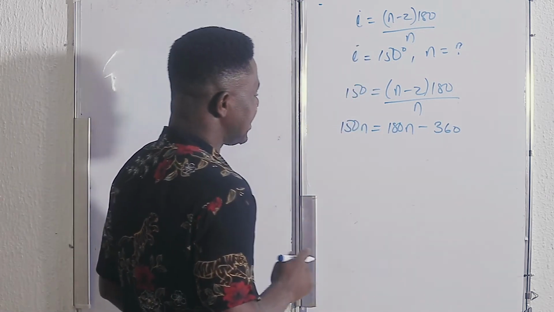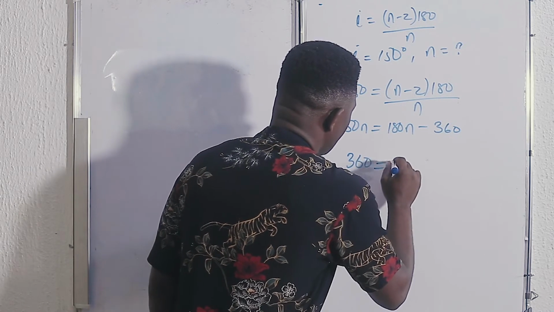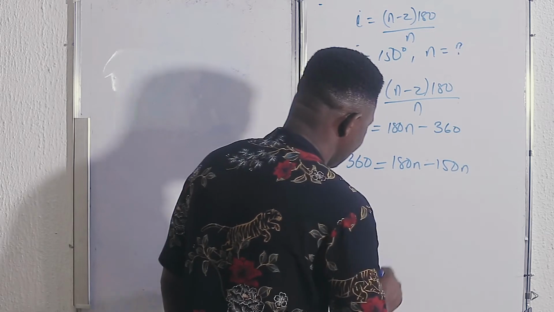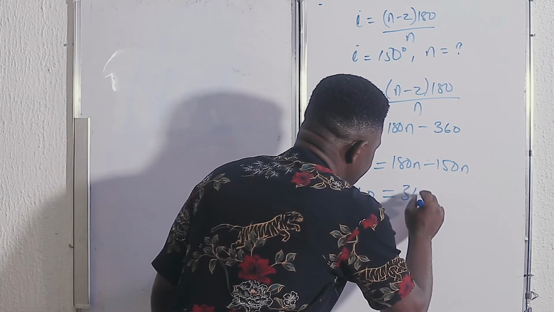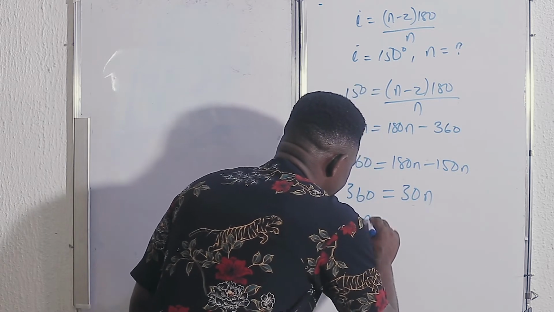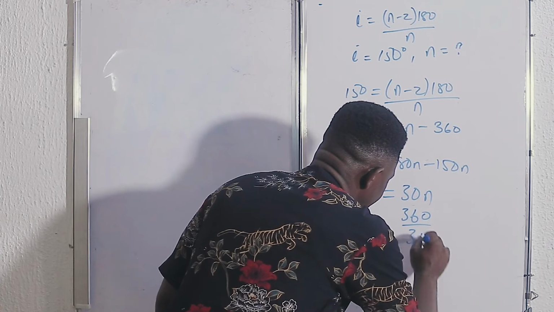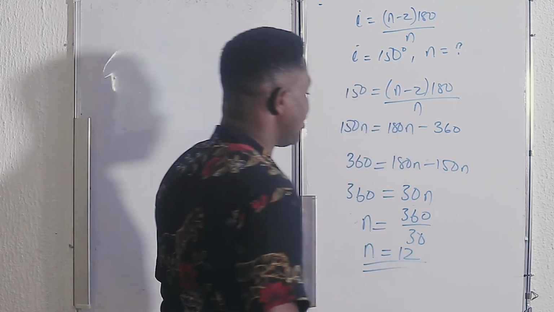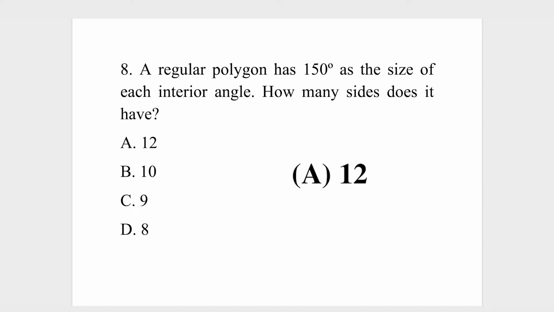We collect like terms. So 360 will be equal to 180n minus 150n. 360 is equal to 30n. n is equal to 360 all over 30. n is equal to 12. So the number of sides of the polygon is 12. And your correct answer is A.